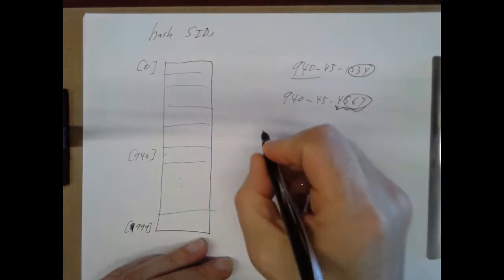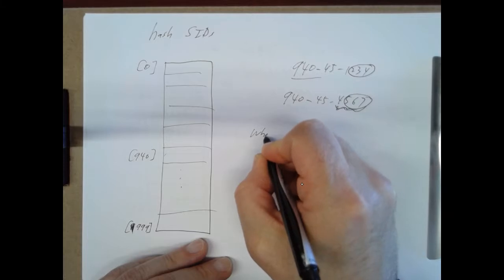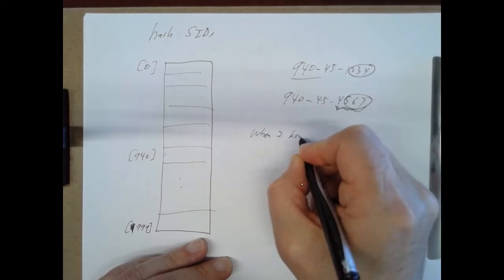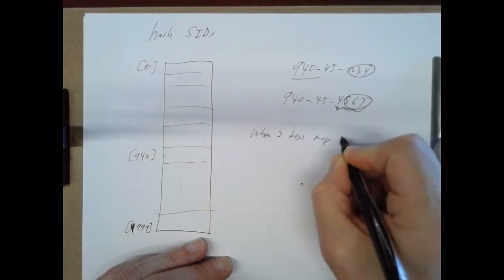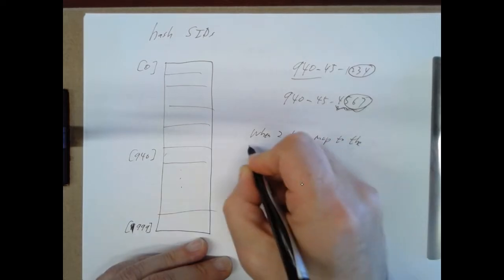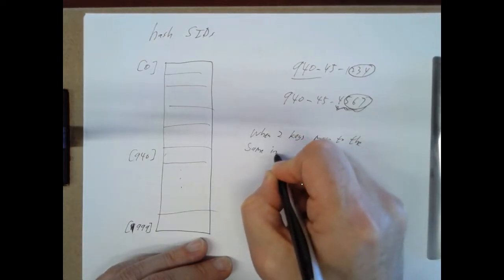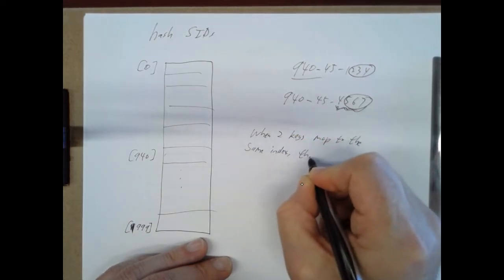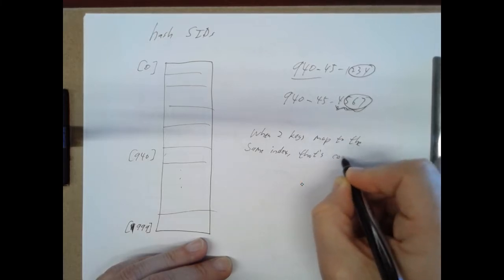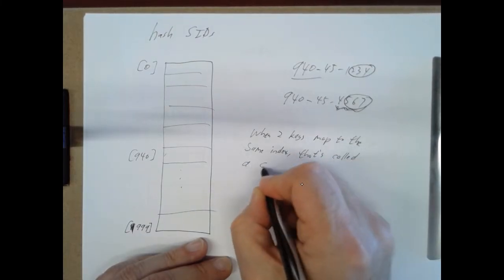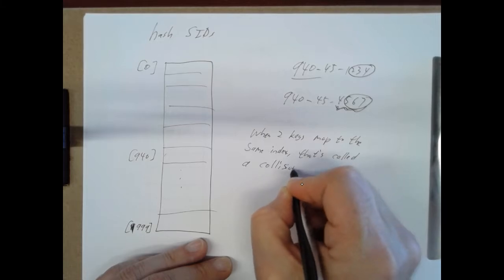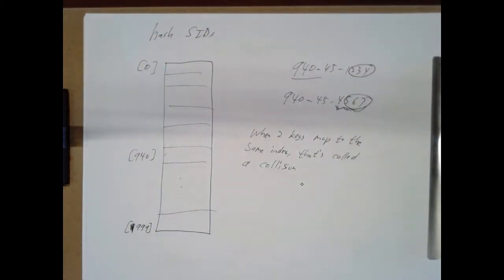So when 2 keys map to the same index, that's called a collision, or a hash clash sometimes.